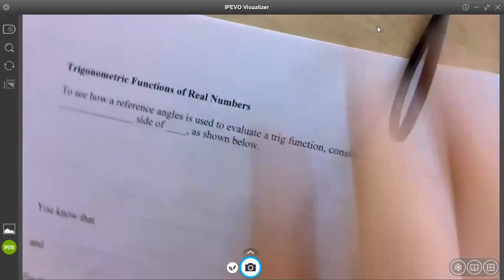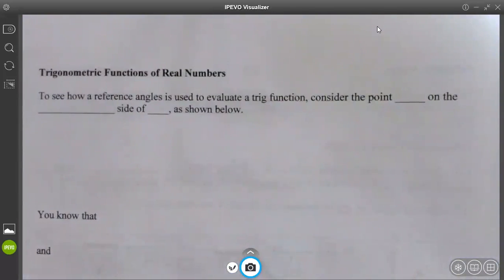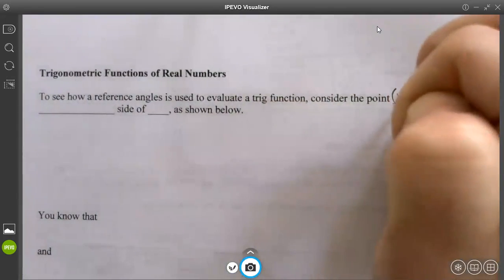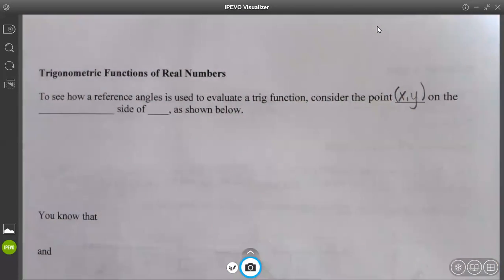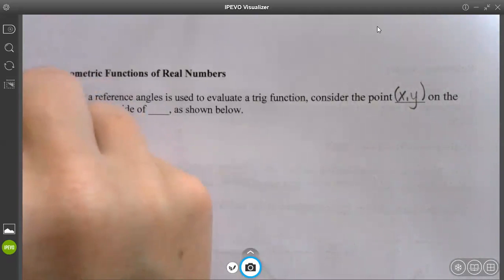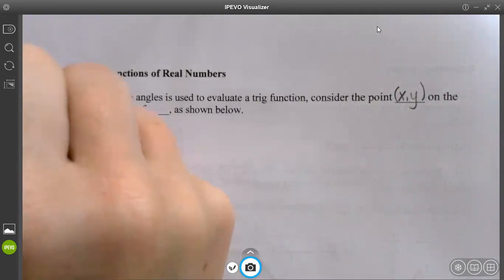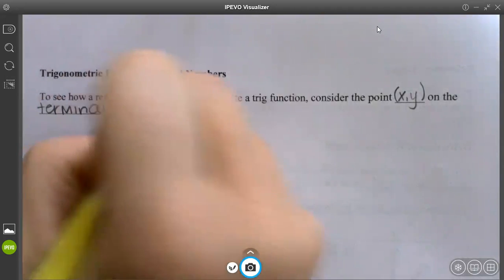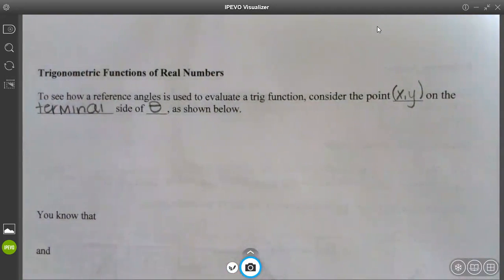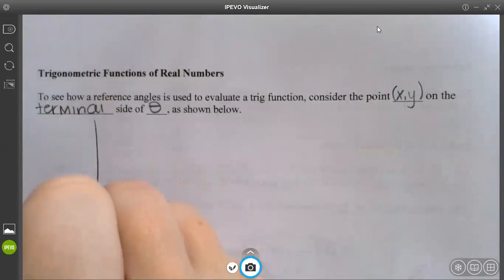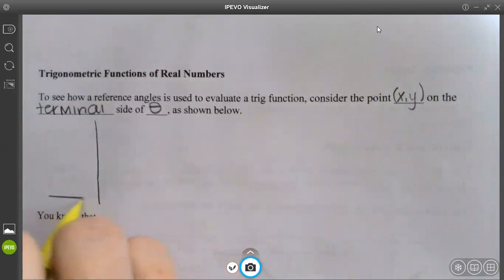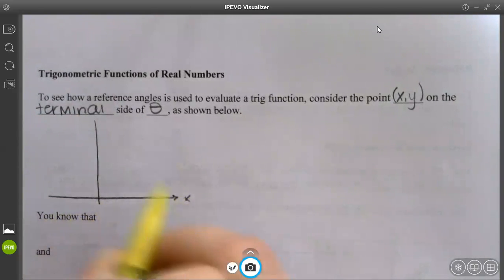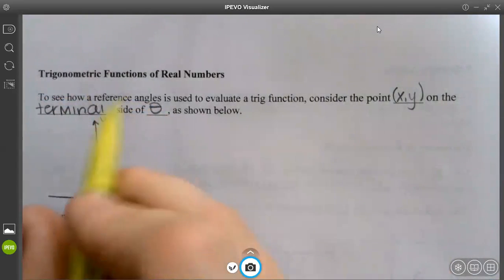Trig functions of real numbers. To see how a reference angle is used to evaluate a trig function, consider the point x, y on the terminal side of theta, as shown below. So again, we have our x and our y.